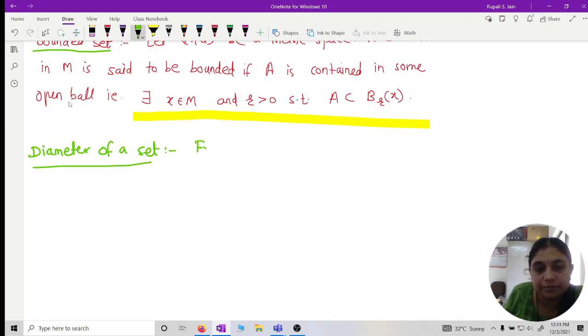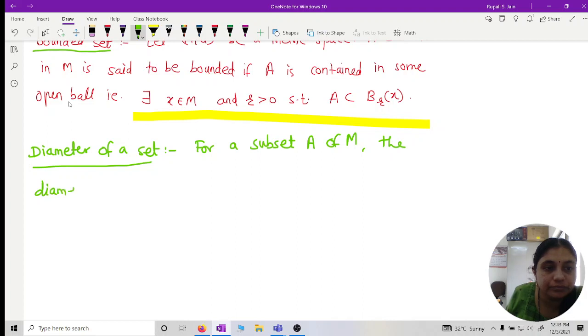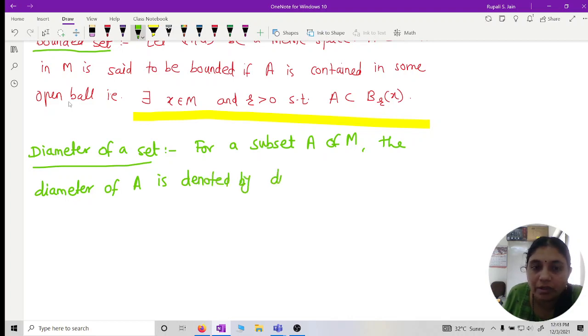For a subset A of M, the diameter of A is denoted by diam of A and is given by, what should the diameter be? How do you define the diameter of a ball or a circle? 2 times radius.